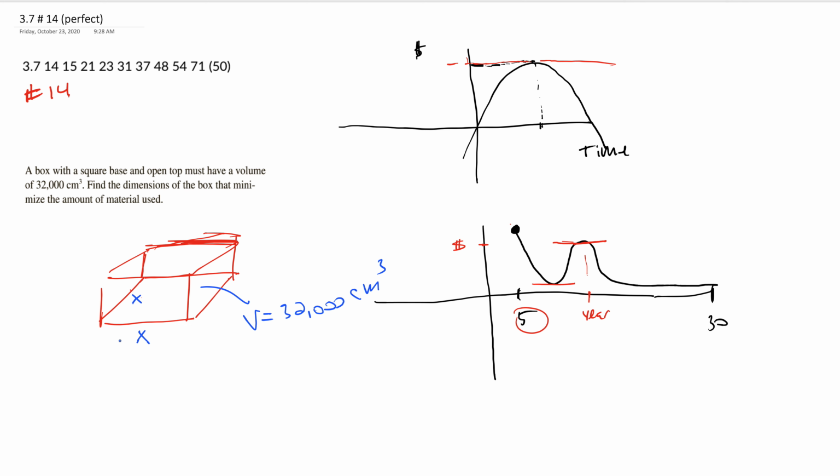Oh, okay. So amount of material, that's kind of like the same thing as saying amount of wrapping paper minus the lid. Like how much wrapping paper, what's the area of the wrapping paper minus the lid? Does that make sense?